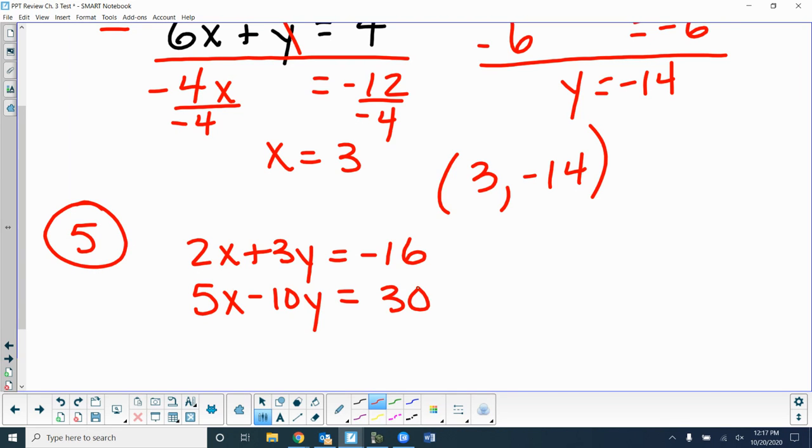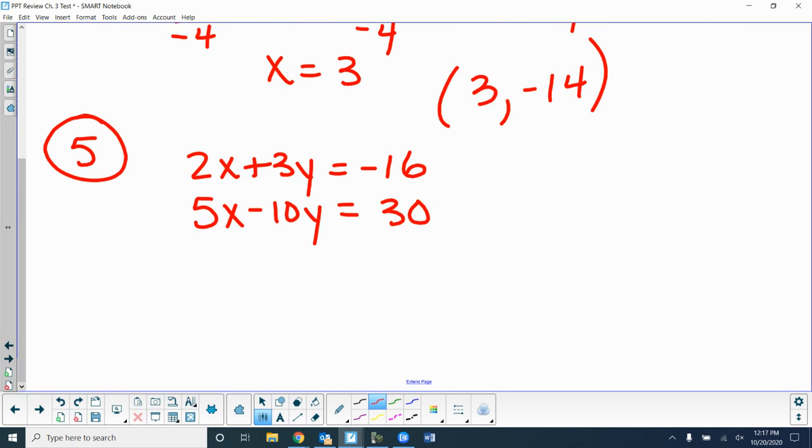Okay. Isabella, which ones did you make the same? Did you make the x's or the y's the same? Okay. So you multiply the top by 10 and the bottom by 3.